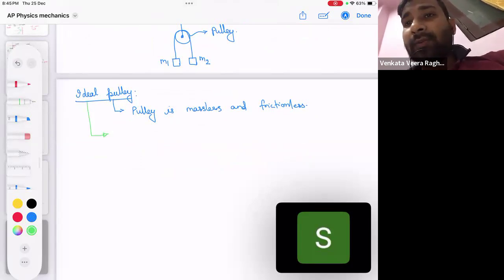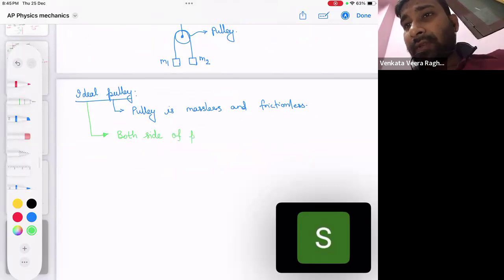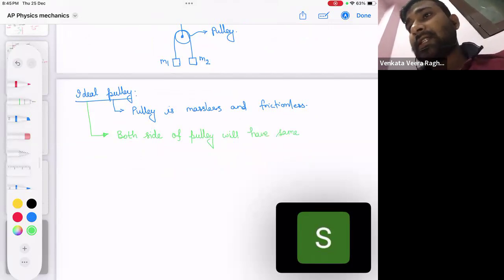So what is the advantage of that? Both sides of the pulley will have the same tension. Understood?